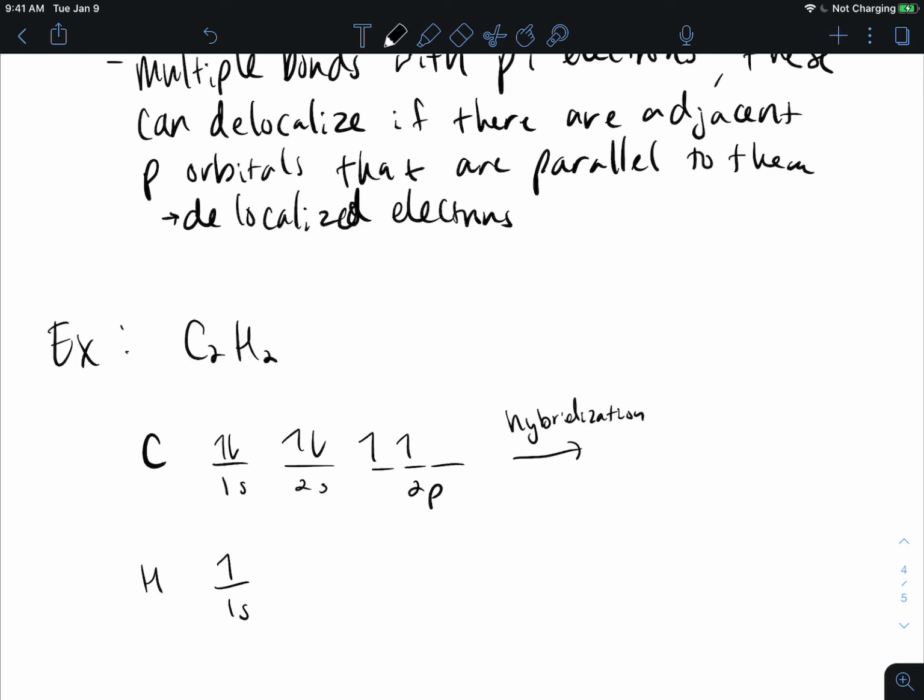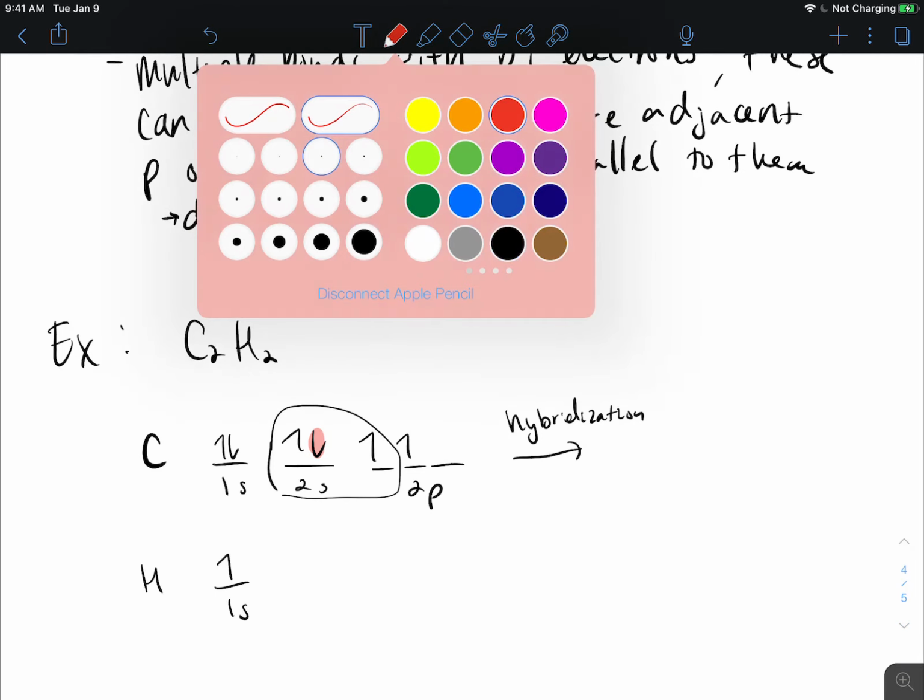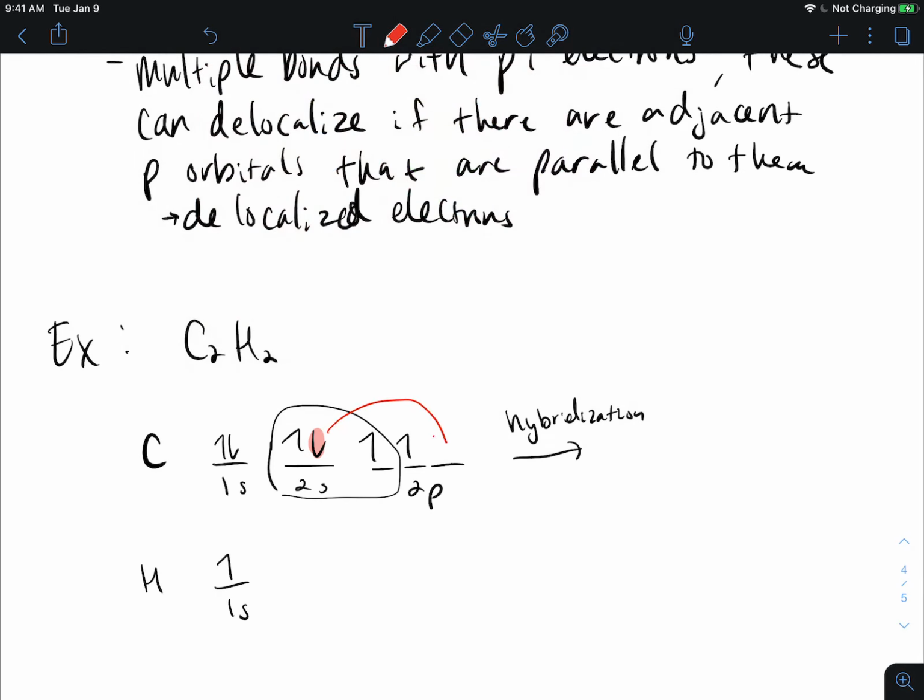we are going to take 2 of our orbitals and combine them and hybridize them. So we're going to combine these 2, but one of these electrons is going to go here. The reason it does this is because we need single bonds.